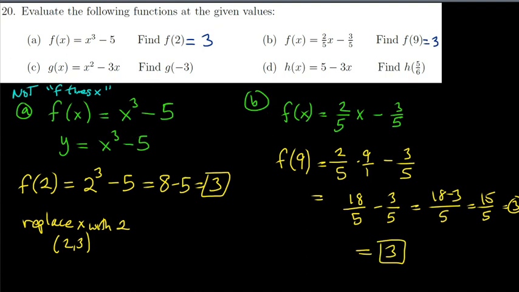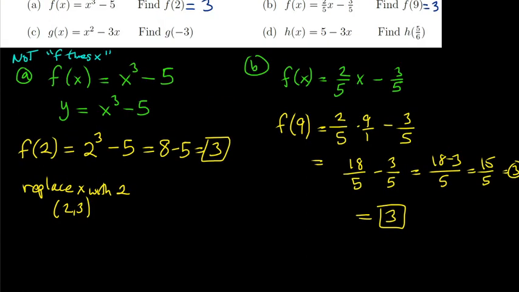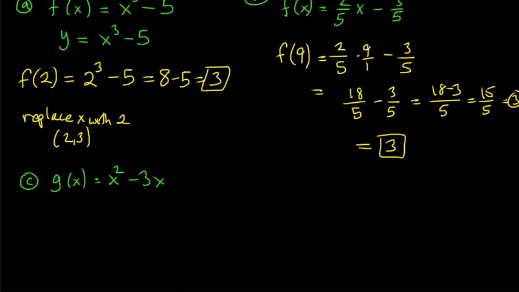All right, part C. I'm going to scroll down a bit here. This is going to be g of x now. G of x is x squared minus 3x, and they want g of negative 3. Again, we're not multiplying g times negative 3. We're changing this x to negative 3, and we're changing this x to negative 3. Both of these x's become negative 3.